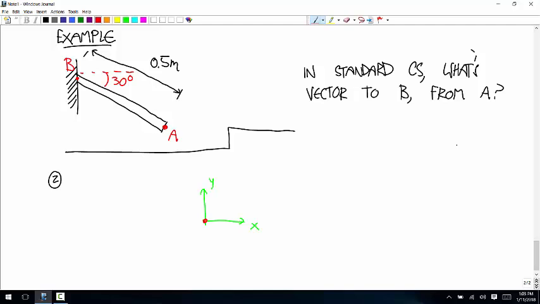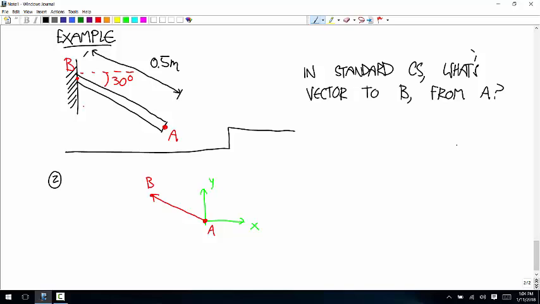Here's the point A. Here's the point B. And we're trying to figure out the coordinates of that point B, and that'll give us the vector from A to B.